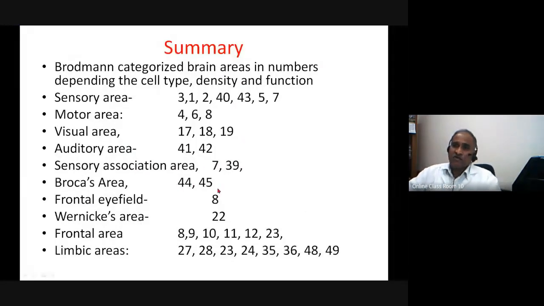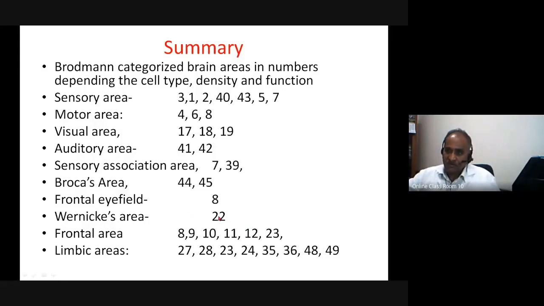Broca's area is 44 and 45. The frontal eye field, where the eyeballs are moving, is area 8. Wernicke's area is where sensory speech, the whole complexity of speech formation, happens: what words to choose, and the grammar. All these things are in area 22, which is transferred to Broca's area to produce the sound.